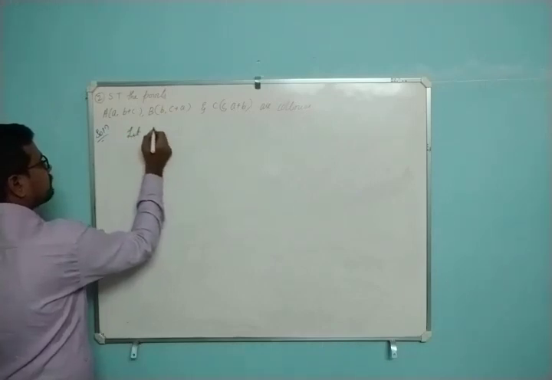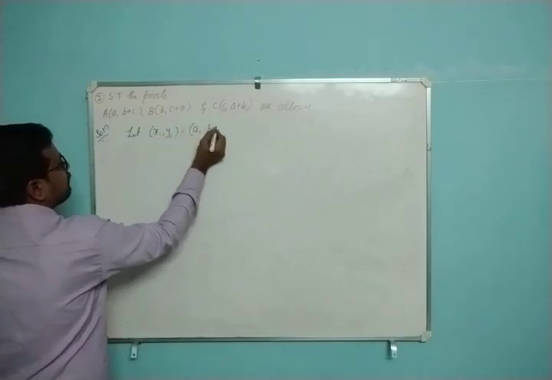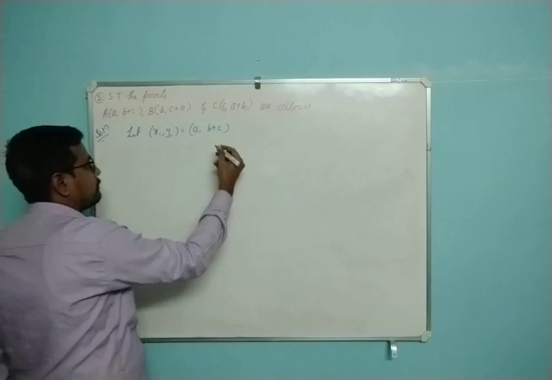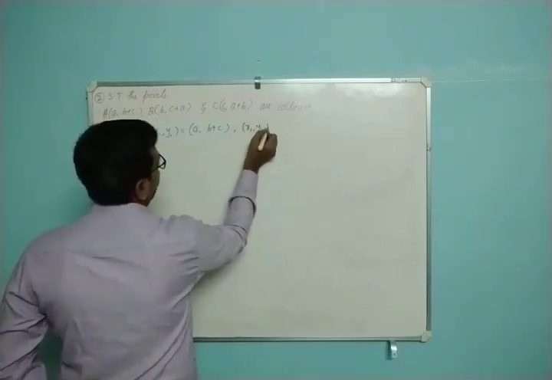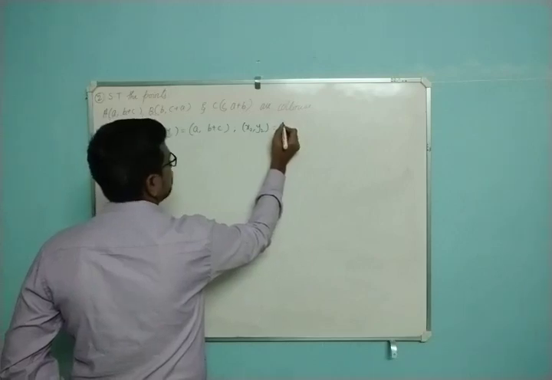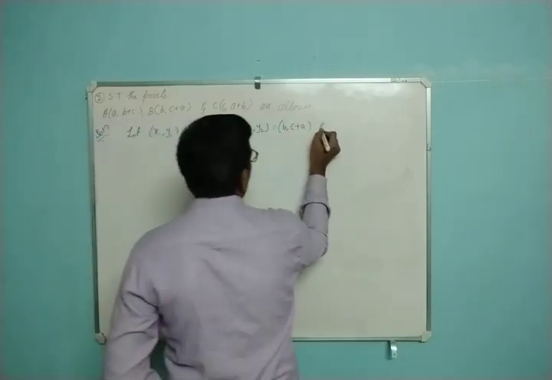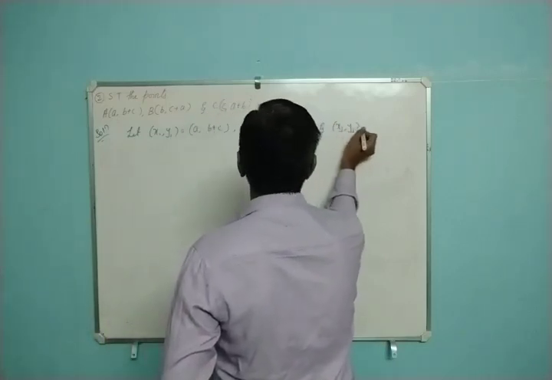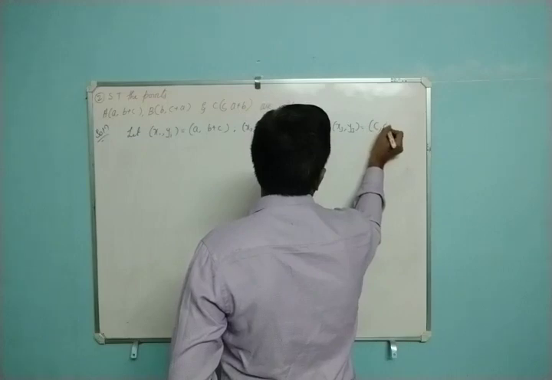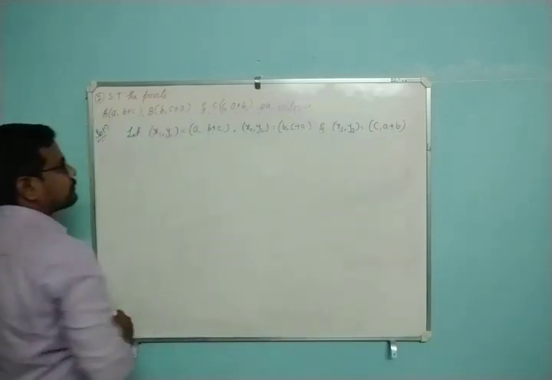Let (x1, y1) = (a, b+c), (x2, y2) = (b, c+a), and (x3, y3) = (c, a+b). Okay, fine.